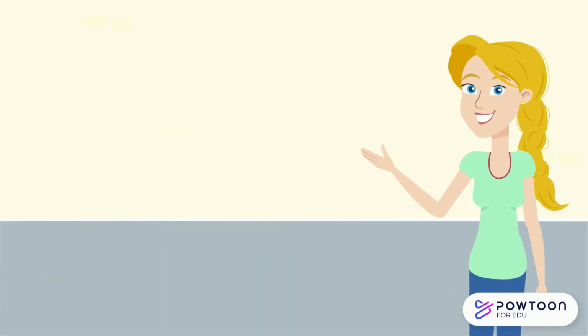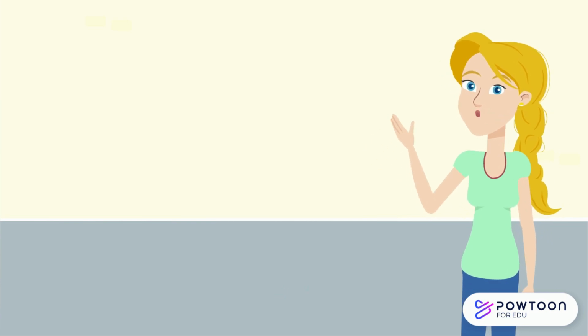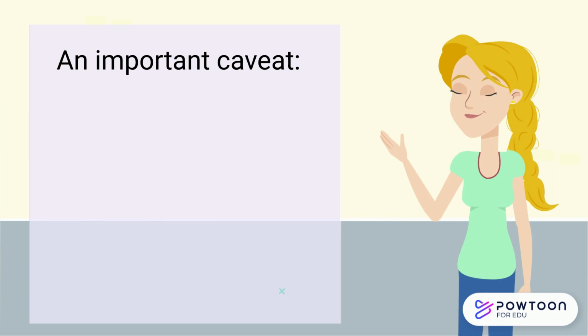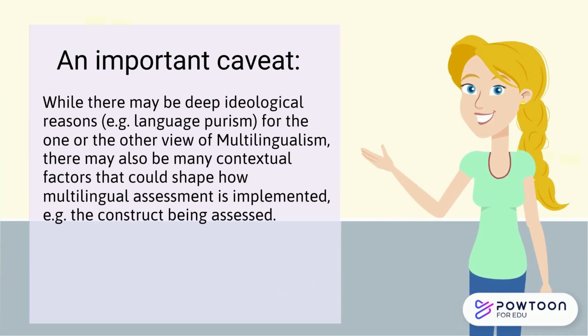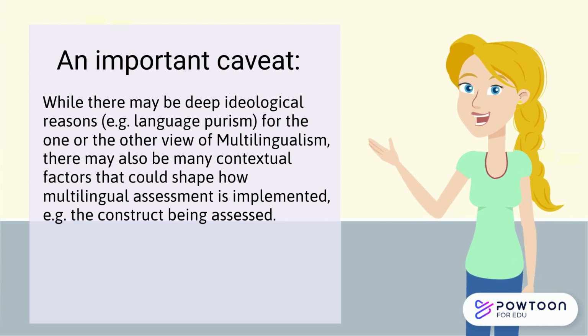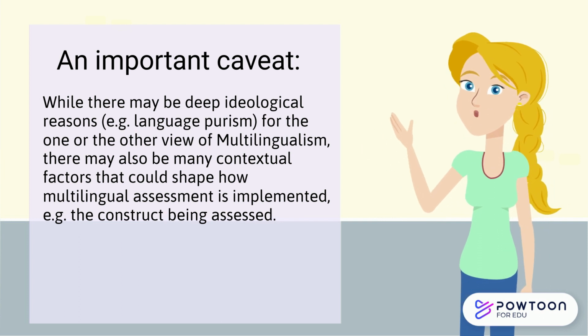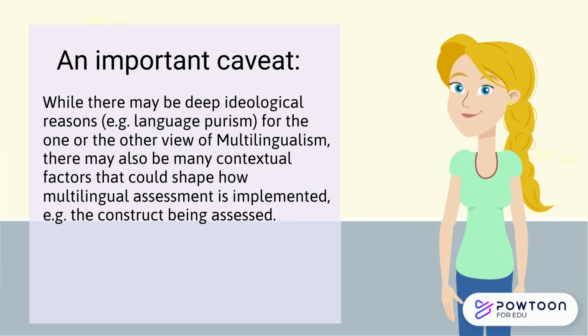Before we provide designs of multilingual assessment that reflects different understandings of multilingualism, we need to sound an important caveat. The caveat is that while there may be deep ideological reasons for one or the other view of multilingualism, there may also be many contextual factors that could shape how multilingual assessment is implemented.